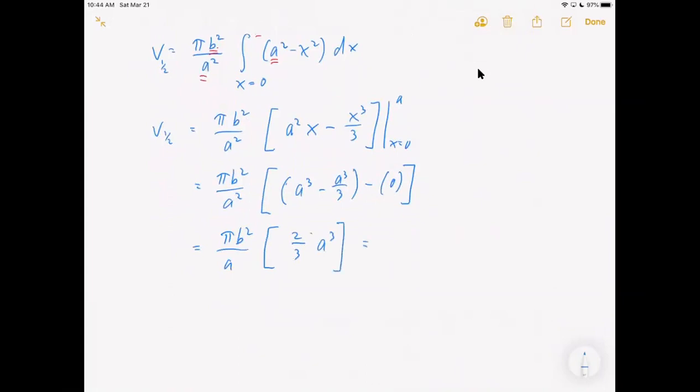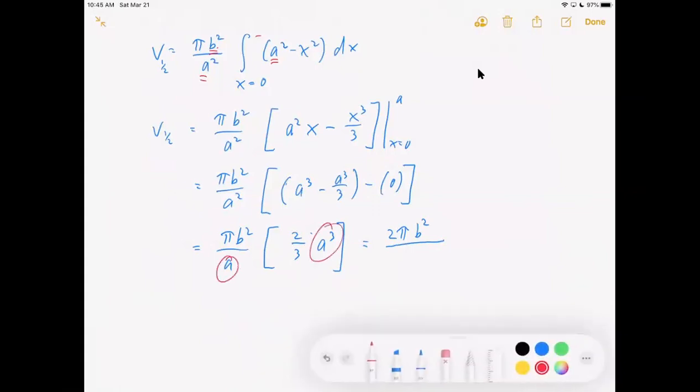Now we can rewrite that. Let's just multiply through. We're going to have in the numerator a factor of 2, a factor of pi, and a factor of b squared. And then if we look at the a cubed and the a, that will give us an overall factor of one a in the numerator.